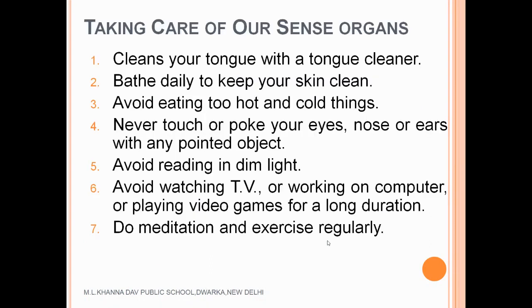Now, we have studied different sense organs and at the same time, we have to take care of these sense organs also. Here are some tips or ways to take care of our sense organs. First one is clean your tongue with a tongue cleaner. Bathe daily to keep your skin clean. Avoid eating too hot and cold things.